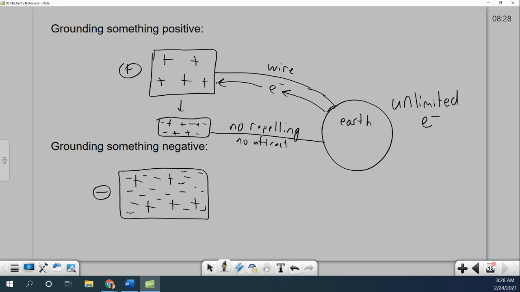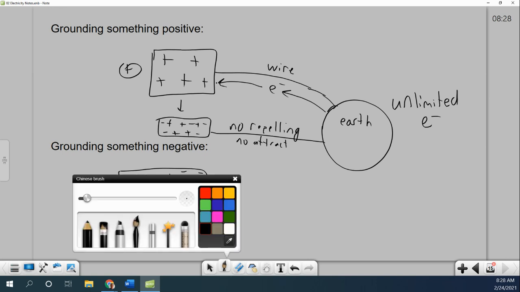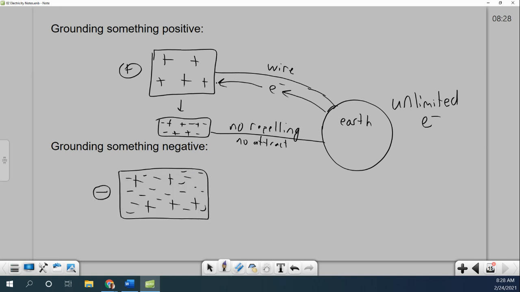So a positive object sucks negative charges up. Let's change my color here. What if I have something negative and I hook it up with a wire? That's the exact same thing, but in reverse. Electrons get repelled out of our object and into the Earth. So if something is negative, electrons go to the Earth.